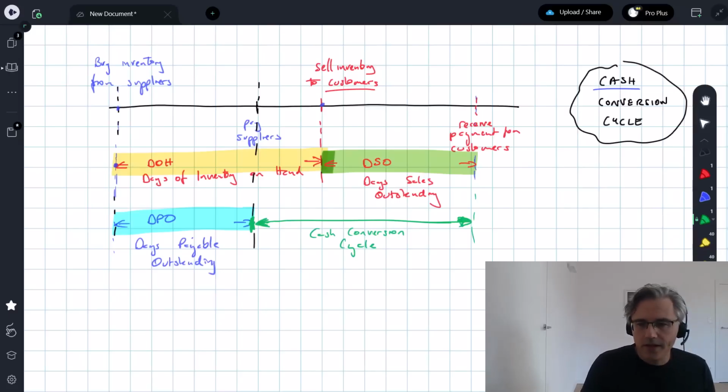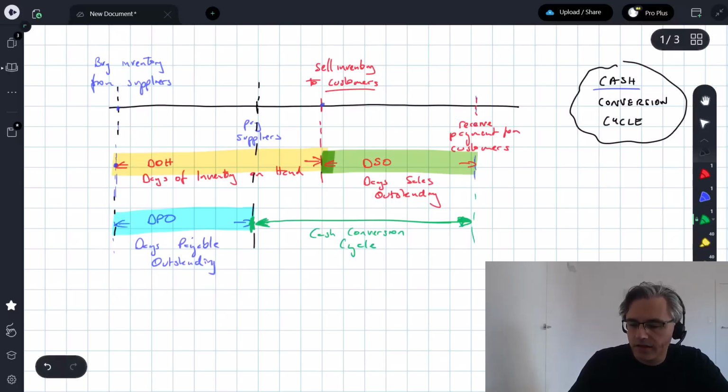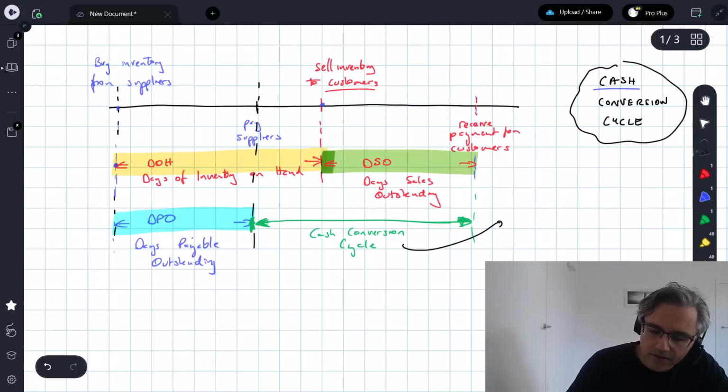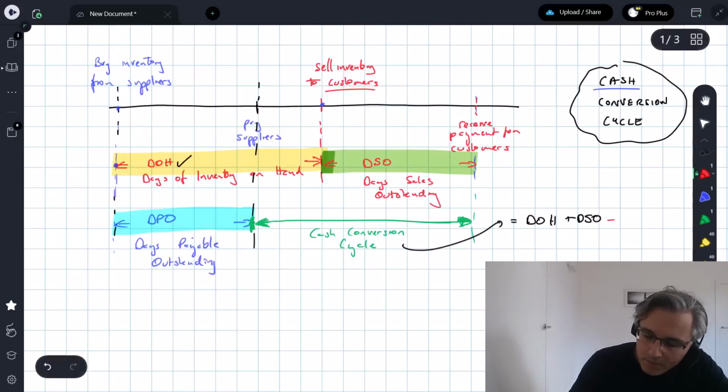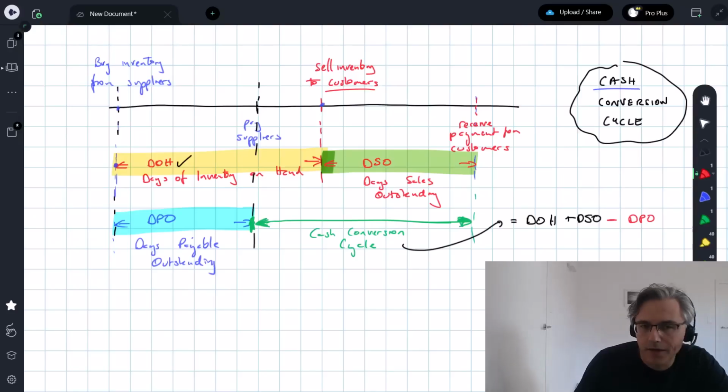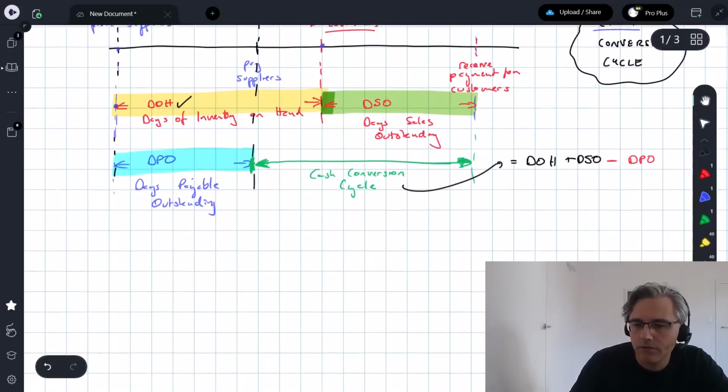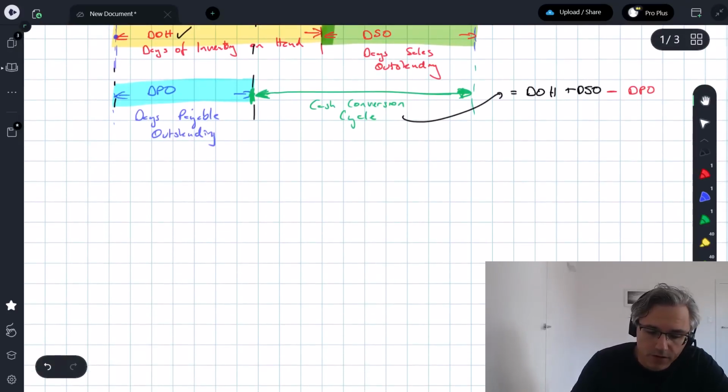It's measured in days, and formally speaking, the way to compute this would be to say, well, it's DOH plus DSO, but critically minus DPO, the amount of time it takes you to settle with your suppliers.